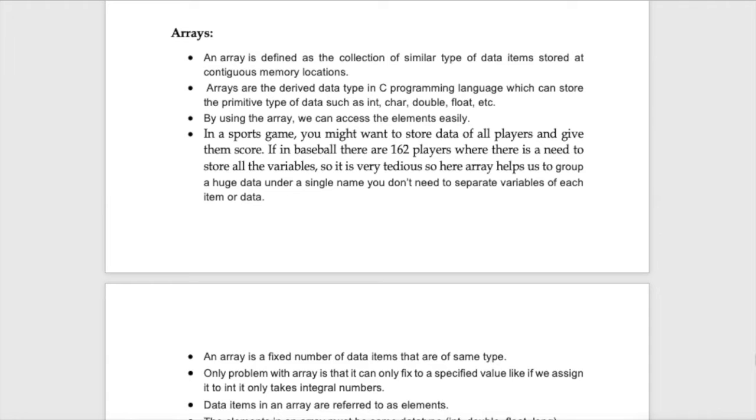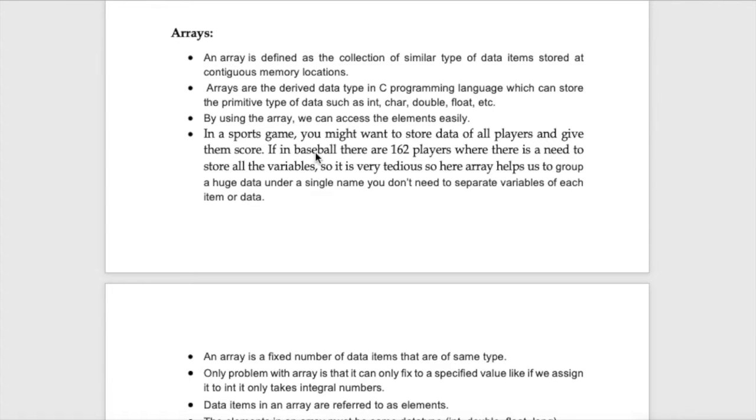Today we will move on to another chapter in C programming language, which is named array, which is not only important in C but also in many other programming languages like Java, Android Studio and many others. First of all, we will define this topic. An array is defined as the collection of similar type of data items stored at contiguous memory locations.